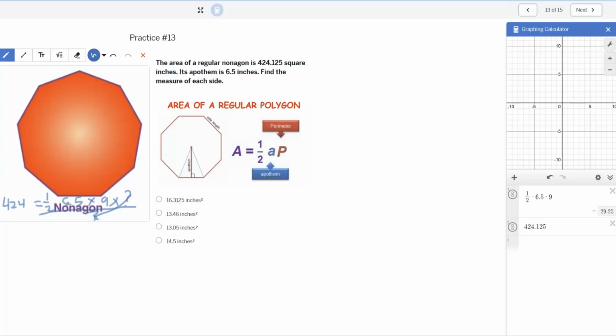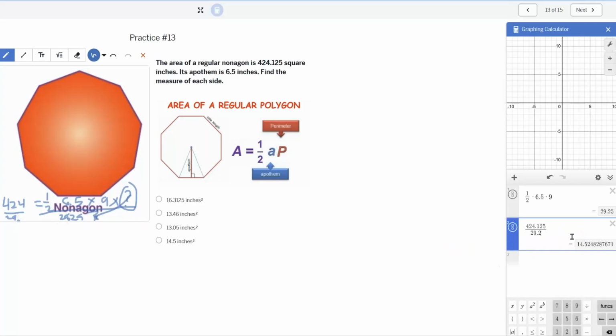So we've gotten everything else, and since we don't know the question mark, we're going to leave that there and divide by everything else. So here we're going to divide it by the 29.25, so that we keep x on the right side, since that's easier, right? And divide both sides by the 29.25. So I go over here and put that in my calculator.